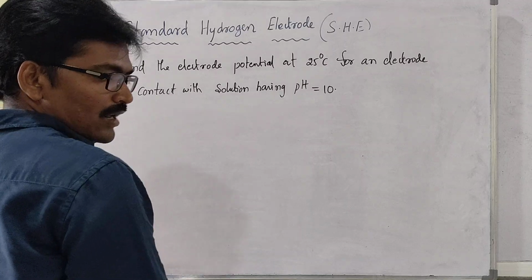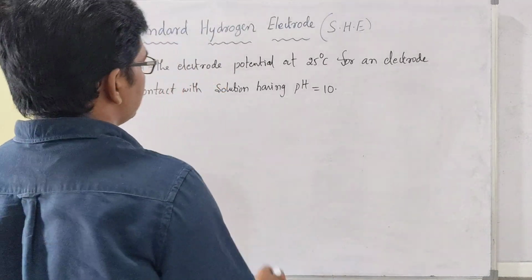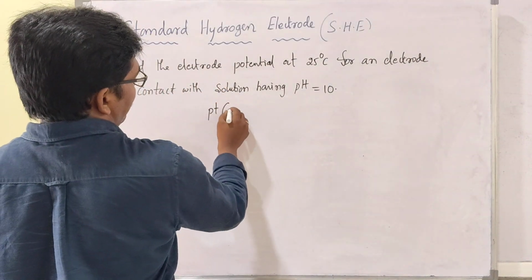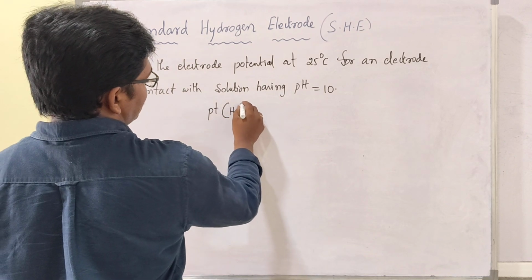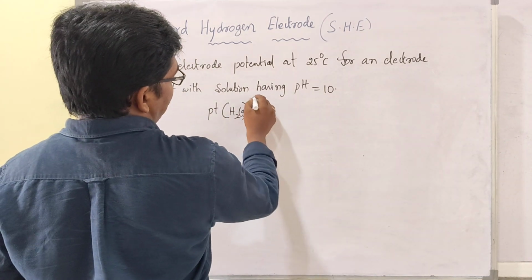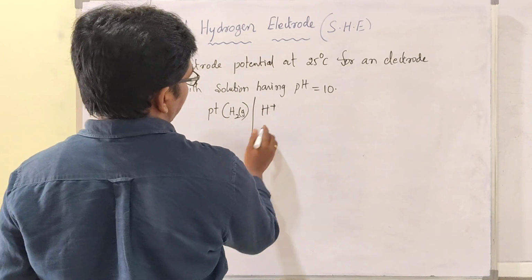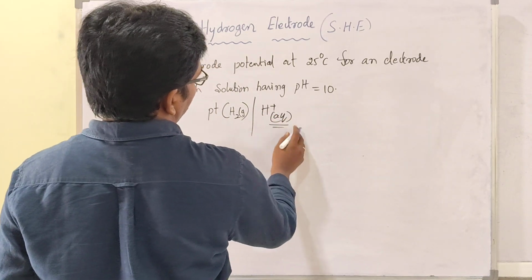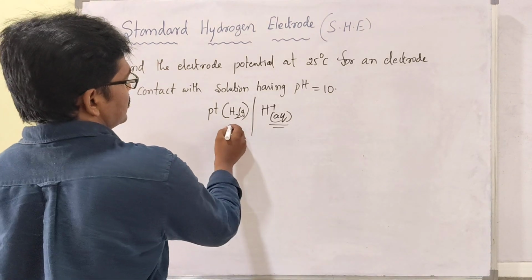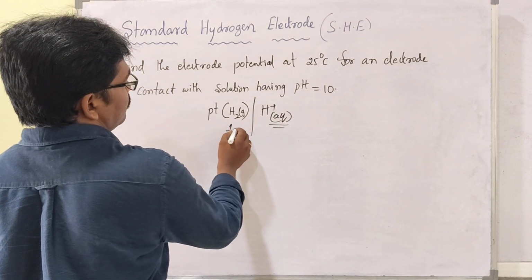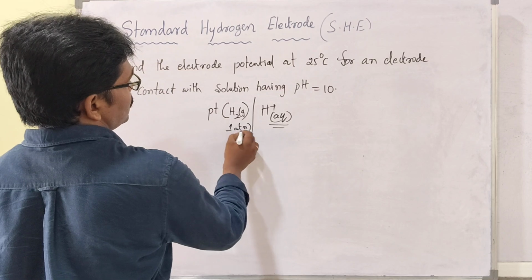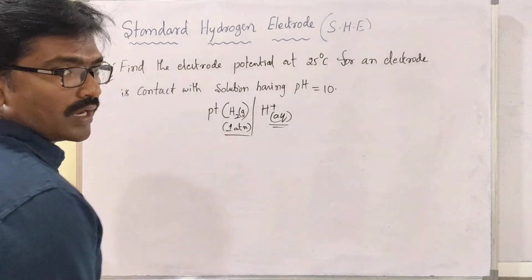So when the electrode is mentioned, that is platinum, then hydrogen gas, then H plus ions. It is mentioned like this. It is an aqueous solution. So this is 1 molarity, and 1 atmosphere. Clear, my dear students?